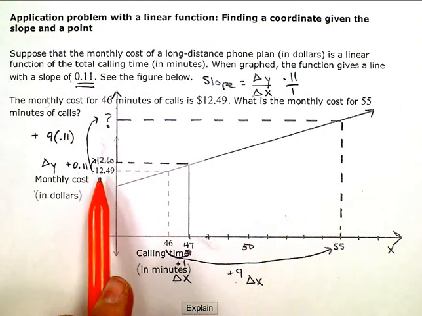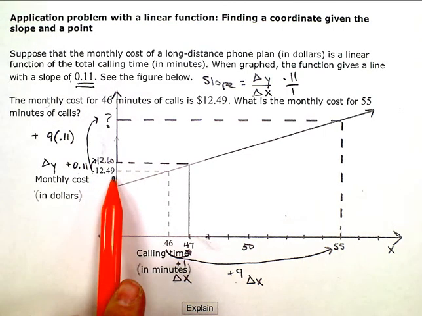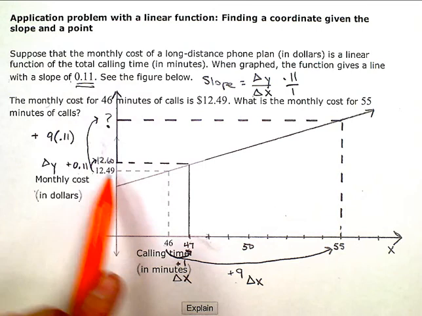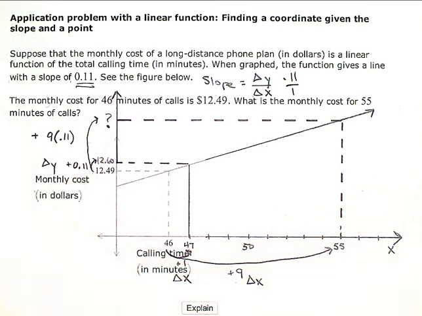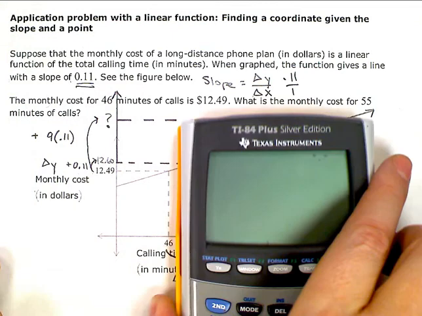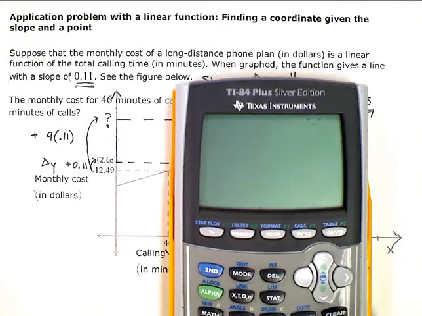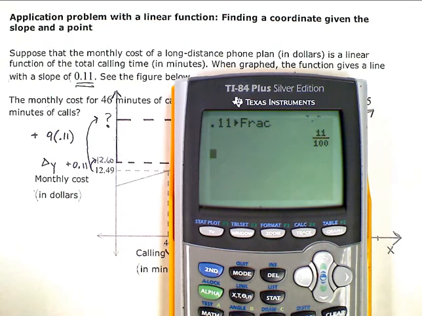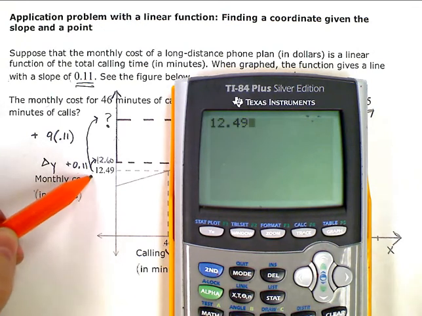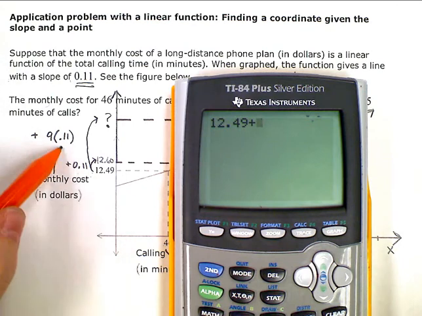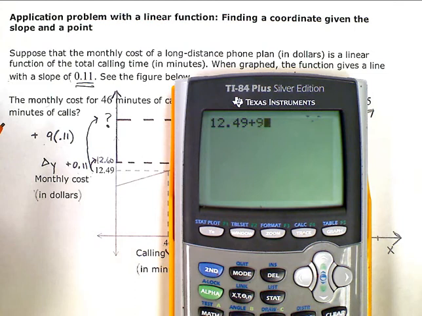So I need to know what $12.49 plus 11 cents added on 9 times is going to be. So I'll just use my calculator here. Okay, so I'm starting with $12.49, and I'm going to add on 11 cents 9 times, or 9 times 0.11.